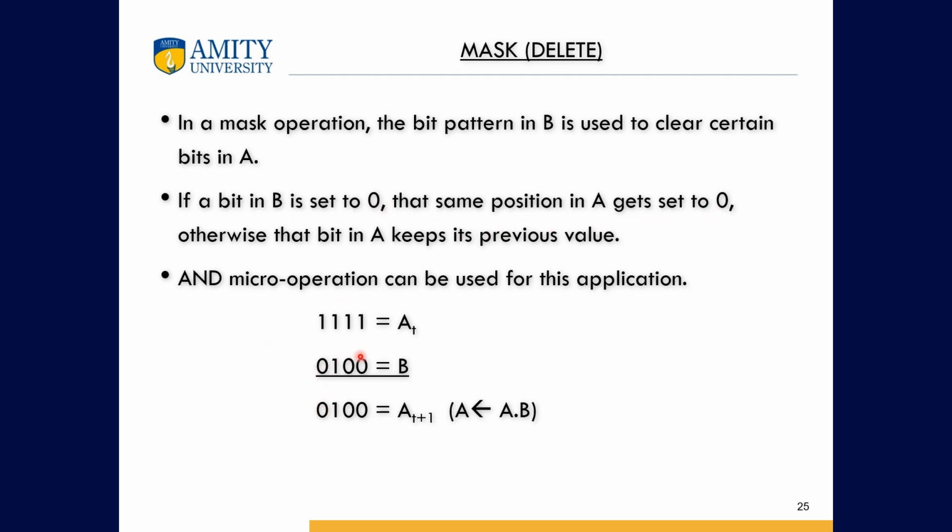So in these positions B is 0 and hence A becomes 0. Only where B is 1 is the position at which A is transferred in the same manner. This uses the AND micro operation. It is the reverse of clear. So what happens is in clear we use 1 to remove the bit, but in this case the 0 is the one that removes the bit.